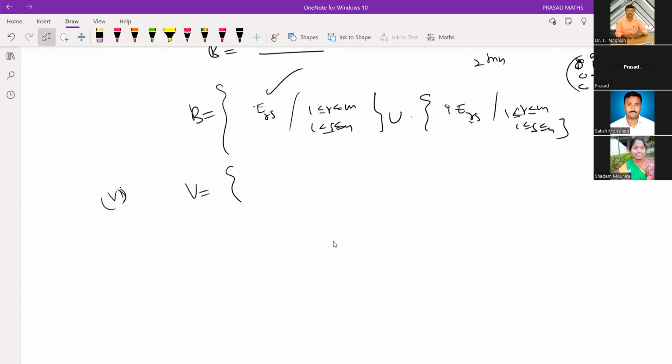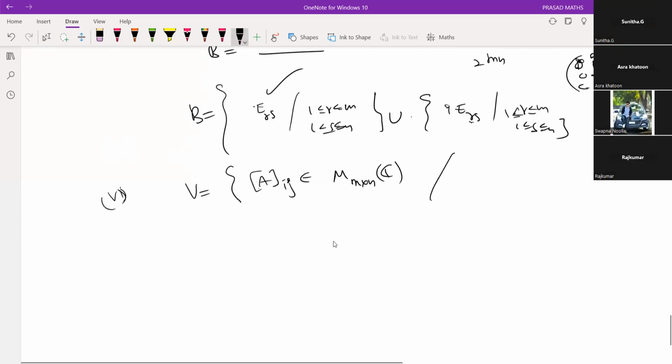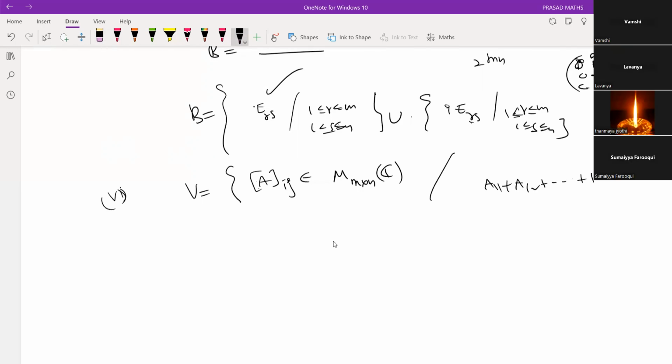Suppose V is my vector space: the set of all m by n matrices over the complex field such that the first row sum is 0.